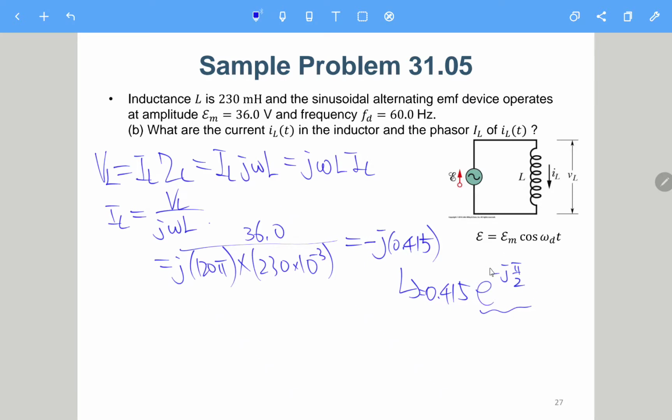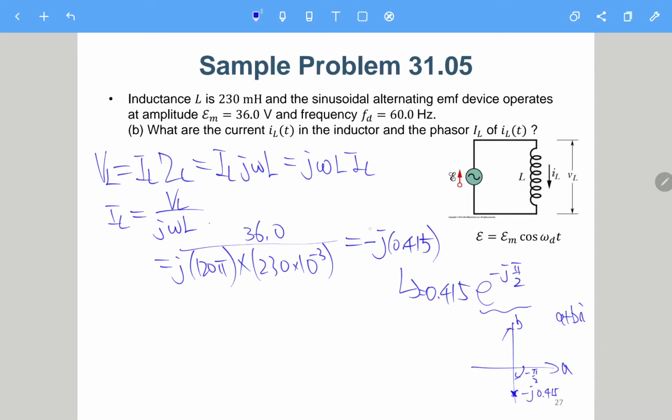And this corresponds to the phase, because as you try to plot this one, this is a plus bi, so this is a, this is b, and then here for negative j 0.415, which is here, and then this is negative pi over 2, something like this.